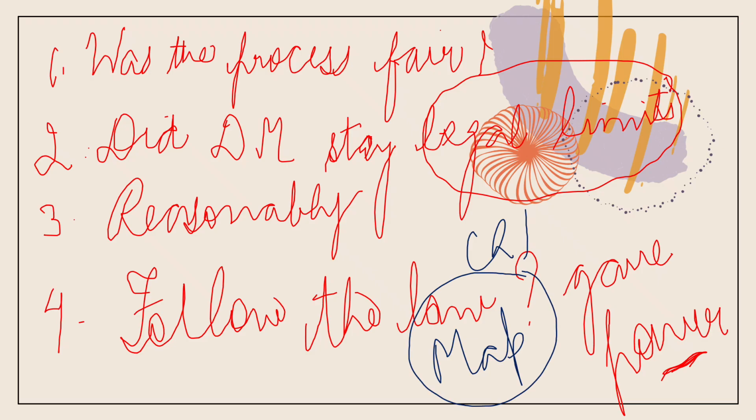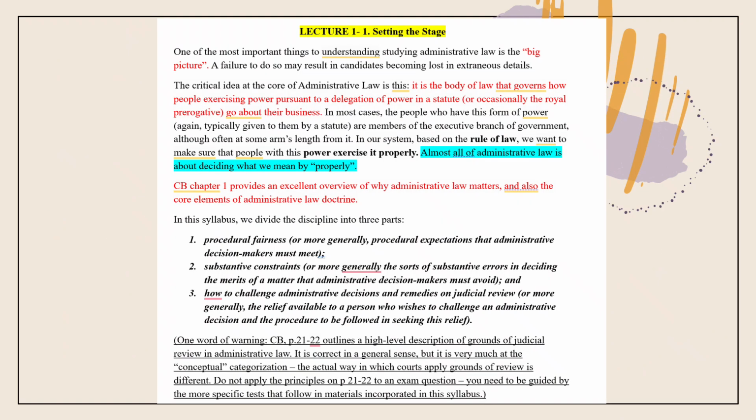Without this map, the rest of the course feels disconnected. That is why this is really, really important. So in this syllabus, we divide the discipline into three big parts of administrative law, very important.